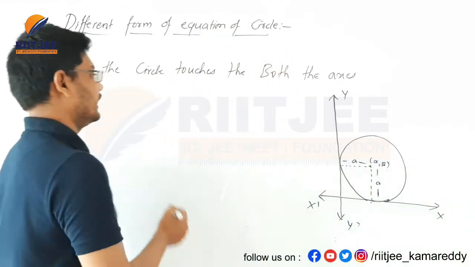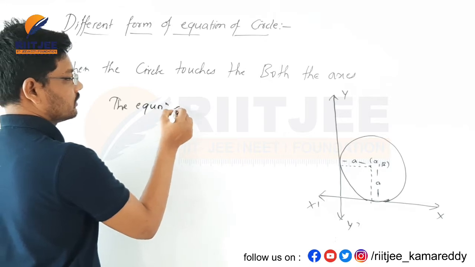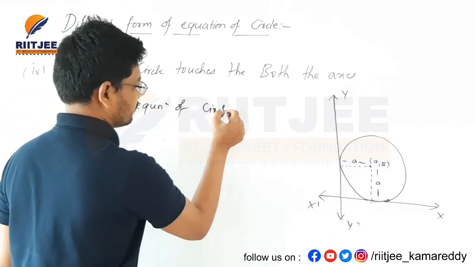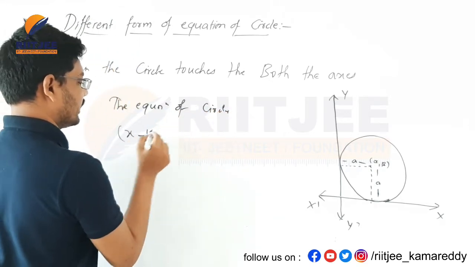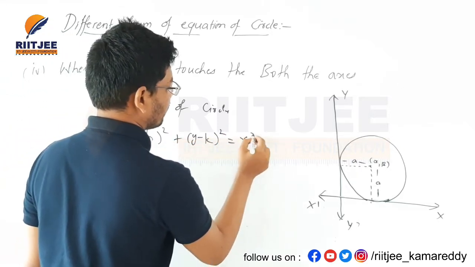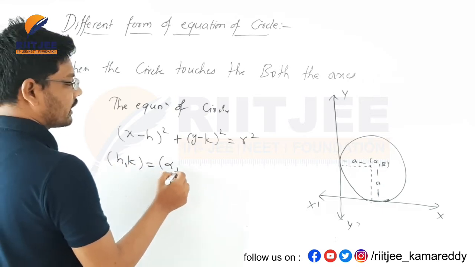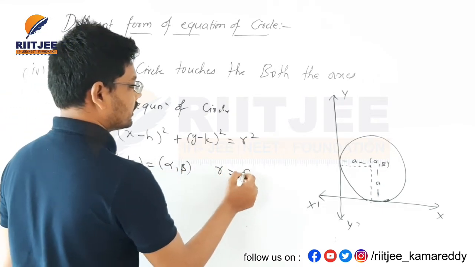So the equation of the circle is (x − h) whole square plus (y − k) whole square is equal to r square. Here the center h comma k is alpha comma beta and r is equal to a.